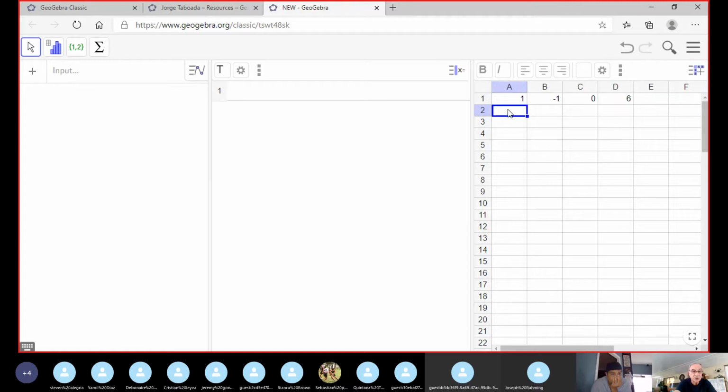My second equation is 2, 0, -3, and 16. Now I click on this cell, 0, tab, 2, tab, and 4.